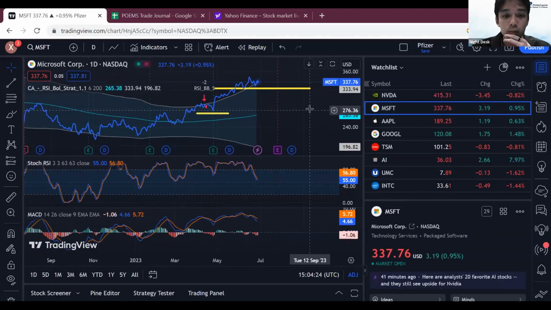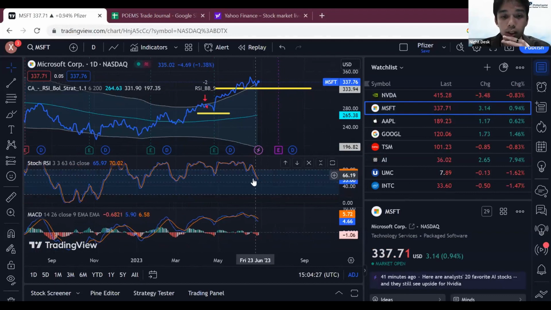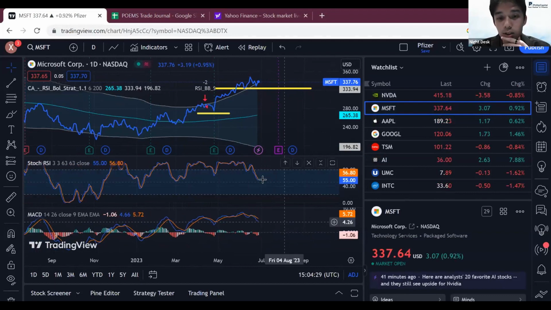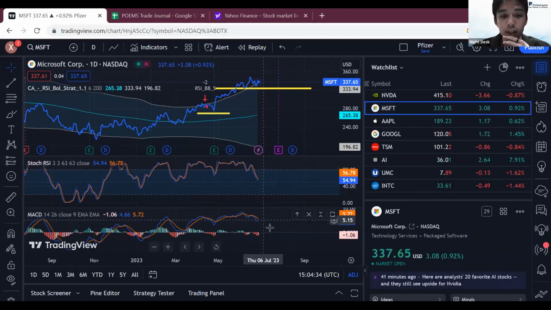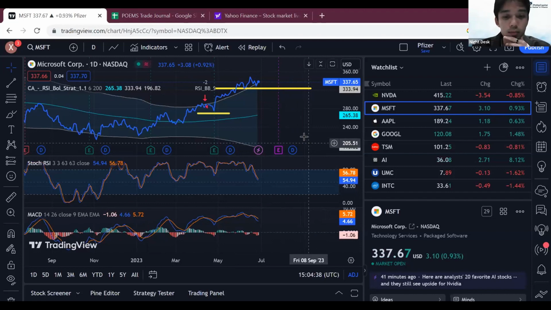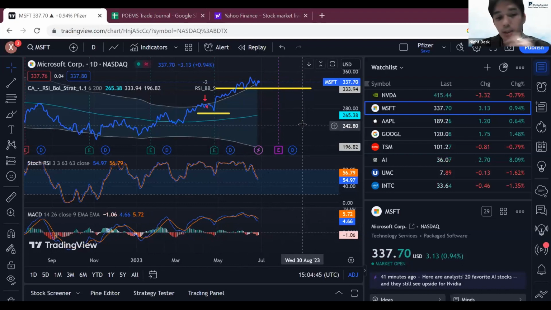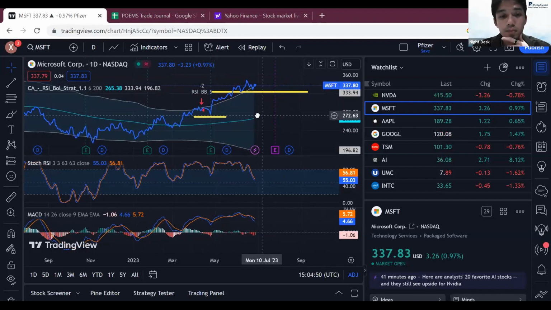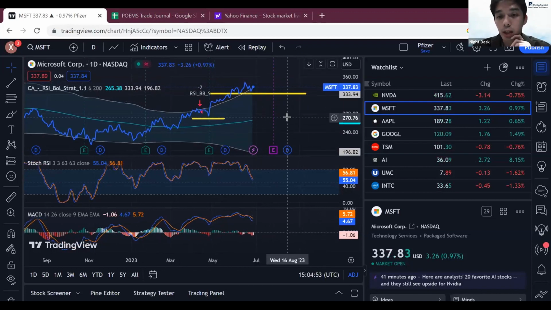Currently, it's not too overbought. The RSI is still about 55, still in neutral position, so there is room to go up if there's a rally. MACD wise, quite okay, slightly overbought, but I don't really take MACD into account so much. Usually, it's the RSI and the confirmation that I look into.